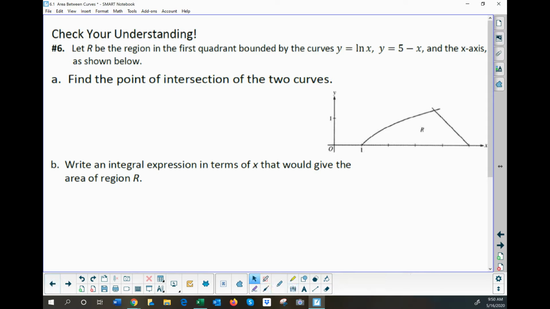This would definitely be calculator active so that we can capture this one. So all I would do is go natural log of x, I'd probably put that in my y1 equation, and 5 minus x in my y2 equation, and then I'm going to look to see where y1 and y2 intersect.